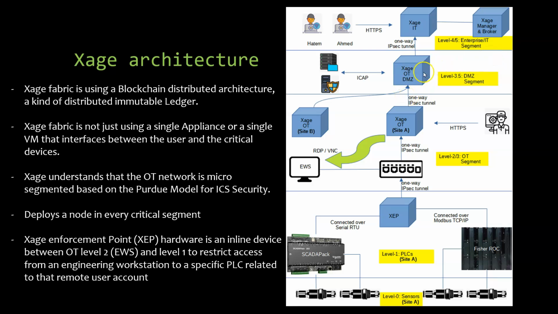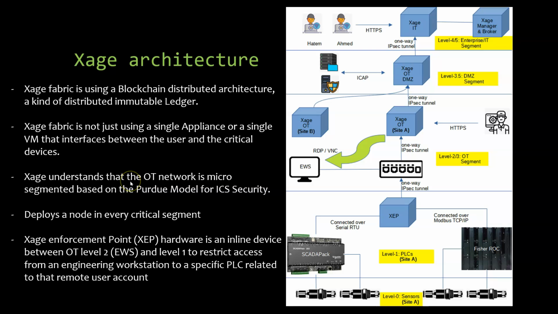No one can take the decision on its own. So let's say we have 1, 2, 3, 4, 5, 6. So more than 4, like 3 plus 1, needs to agree on the construction of this credential. So it's almost impossible to compromise the Xage fabric.